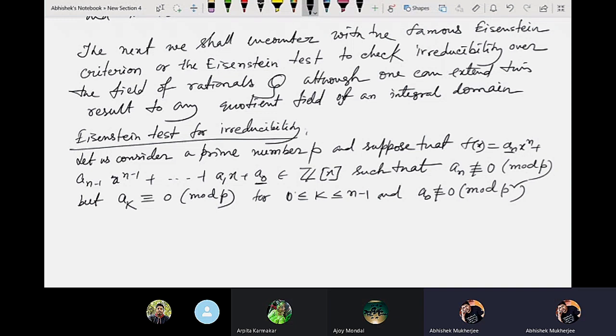But again, the constant coefficient a_0 is not congruent to 0 mod p square, that is p square will not divide the constant coefficient. So if this polynomial satisfies these conditions, then one can conclude that f(x) is irreducible over Q.